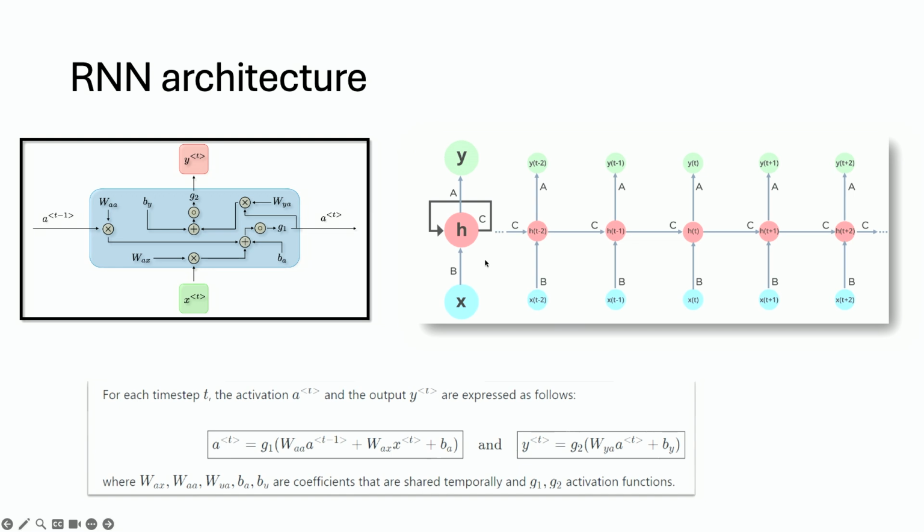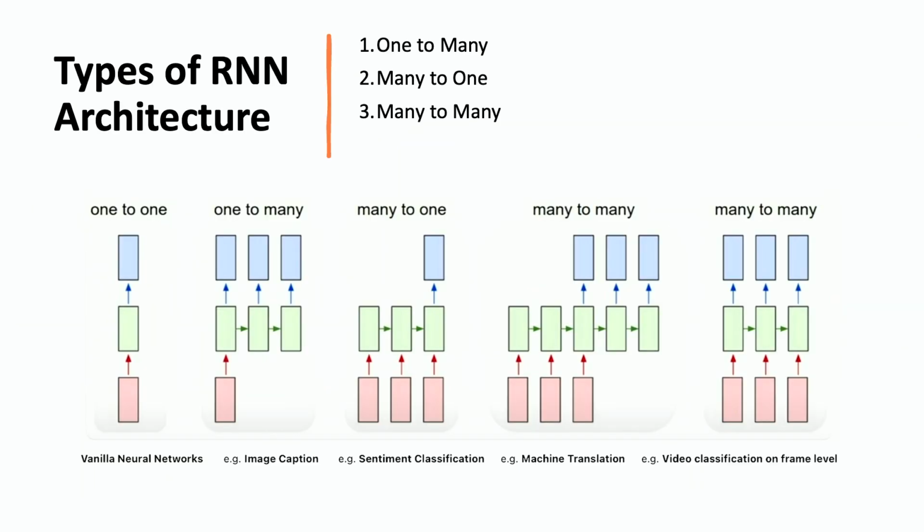This is a graphical representation of a recurrent neural network, and it can be created in different ways. For example, here one-to-one can be used to capture time series data, and here one-to-many.